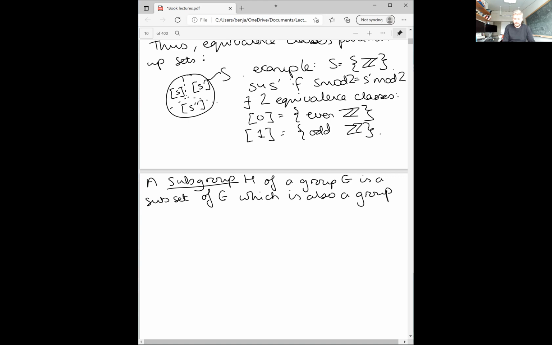In other words, it satisfies the group axioms. And we write it in this form. So we have the set language that H is the subset of G. So we can define an equivalence relation between two elements of G using this subgroup.